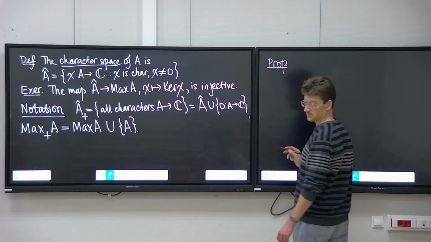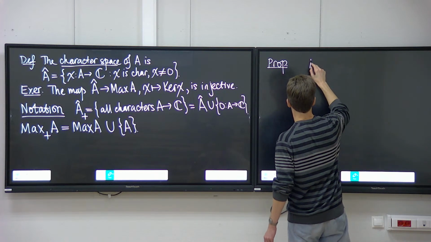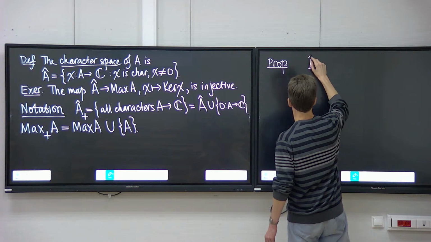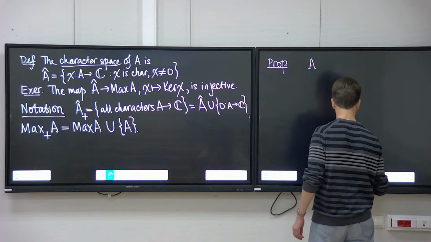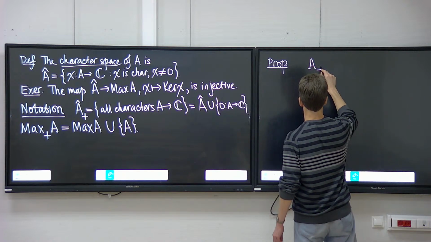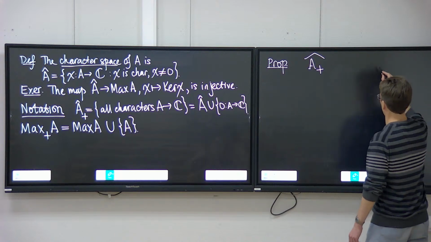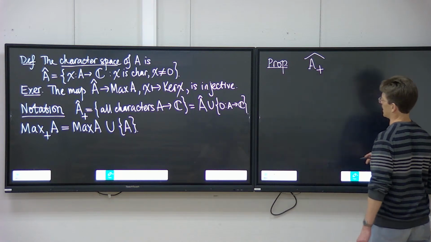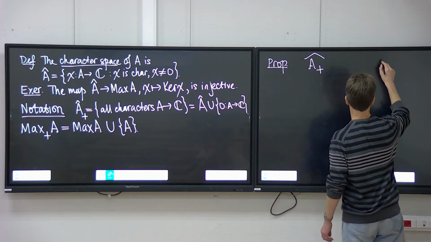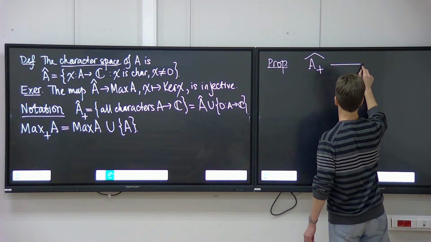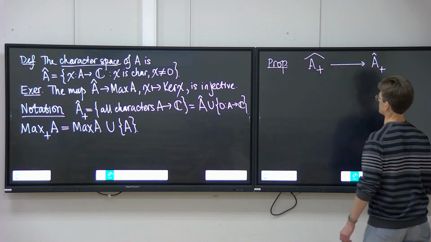So let's look at the following picture. We can take the character space of the unitization of A, and restrict every non-zero character of A plus to A. In this way, we get a map from here to A hat plus.